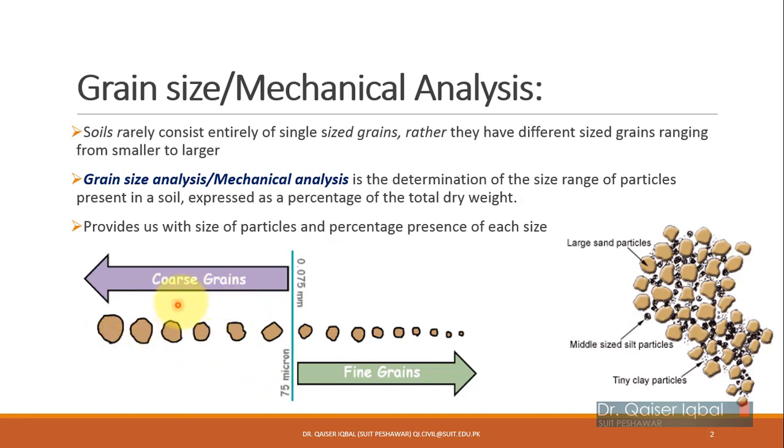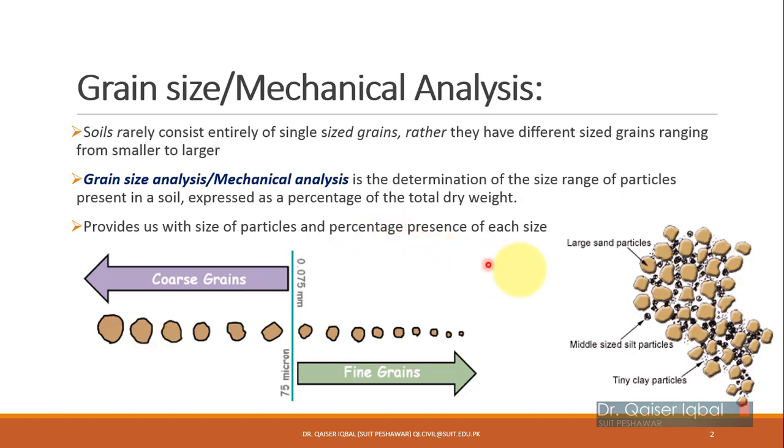Then we further distinguish them: gravels are greater than 4.75 millimeter, and smaller than 4.75 and greater than 0.075 are sands, and then silts and then clays as well. So this mechanical analysis or grain size analysis tells us how much percentage is coarse grain or fine grain, and then in coarse grain how much percentage is 2 mm, how much percentage is 4.75 mm, how much is 8 mm, different sizes of the particles present.